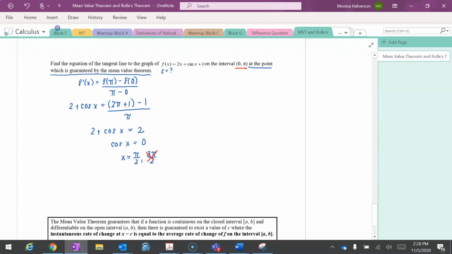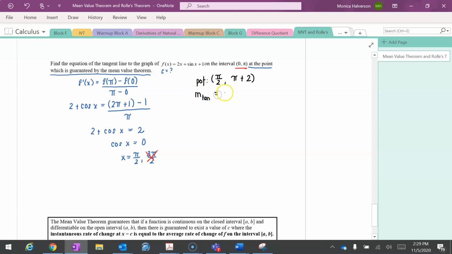So we need to find the y value of our point of tangency. It's going to be pi plus 1 plus 1, so it's going to be pi plus 2. We also need to find the slope of our tangent line.